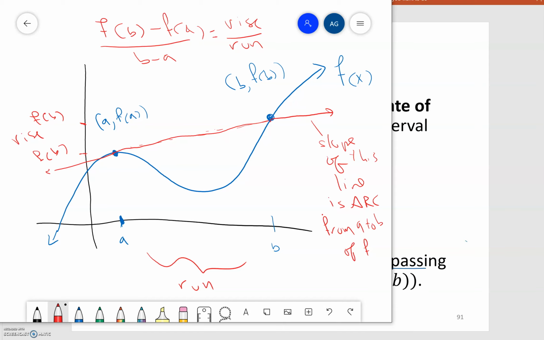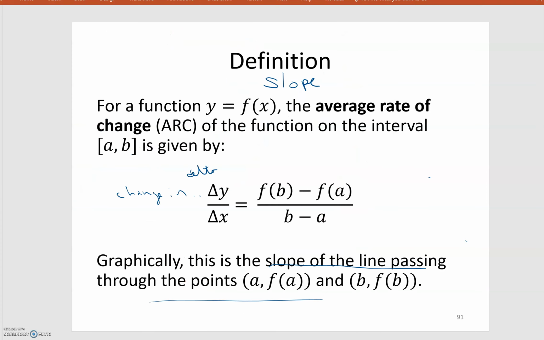We don't really see any of that if we just look at the average rate of change. We just look at where we end up and where we start. And we end up slightly higher than where we started, and so we have a positive average rate of change. And that's all. So it sort of smooths things out. And sometimes that's useful. Many times that's useful.